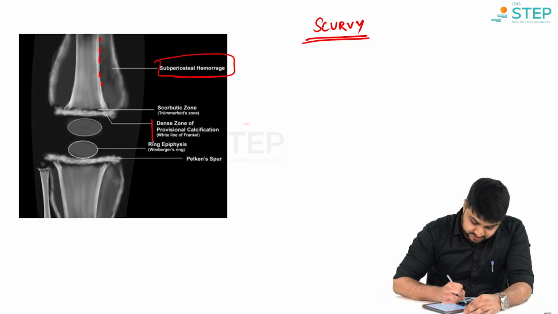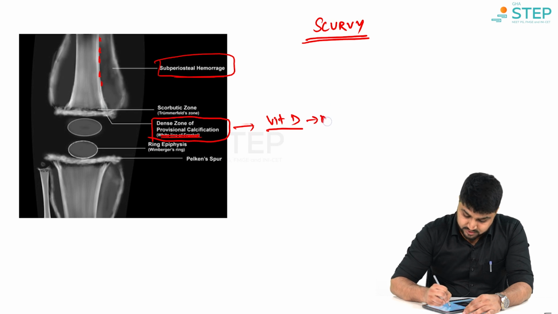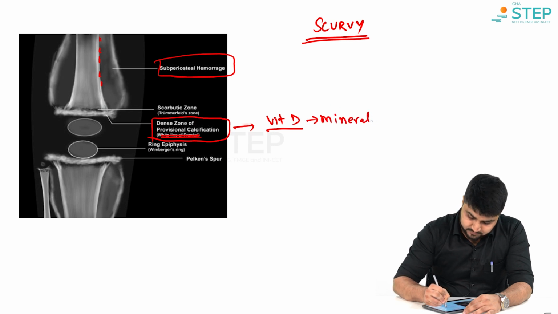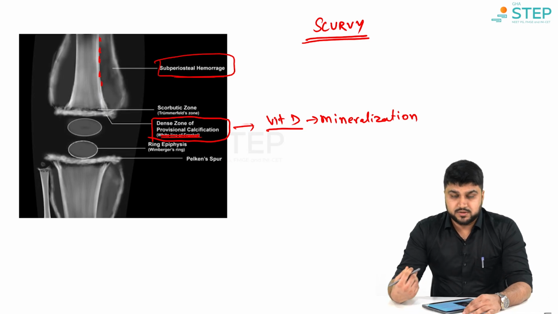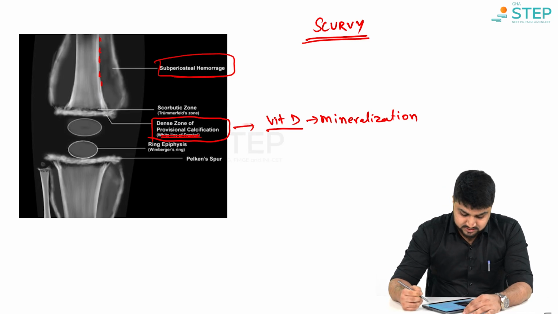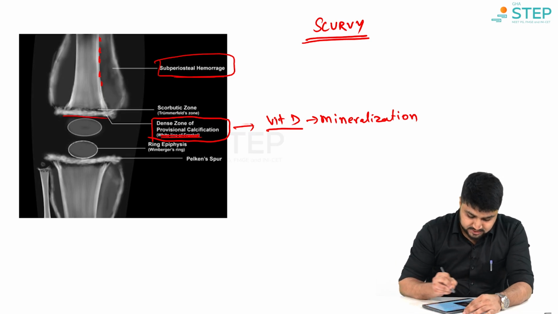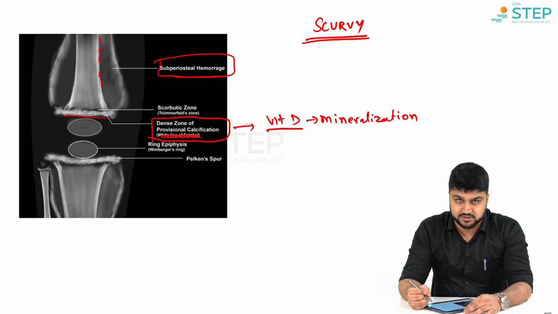Then we have a dense zone of provisional calcification, or the white line of Frenkel. This occurs because vitamin D is normal in such cases, so mineralization will continue. However, its maturation into primary spongiosa is delayed because of vitamin C deficiency. This results in excessive calcification, which produces this dense zone of provisional calcification.